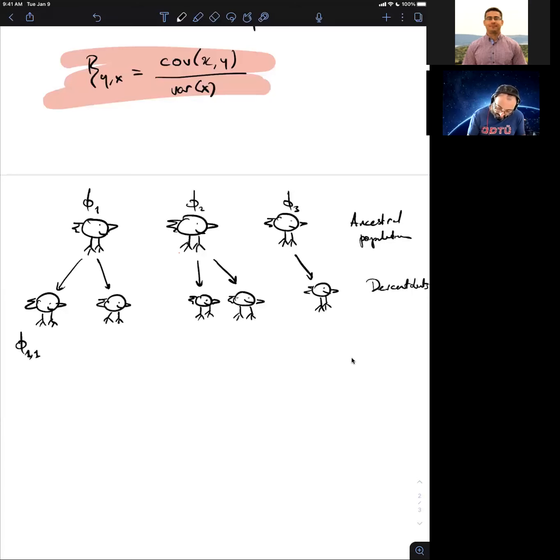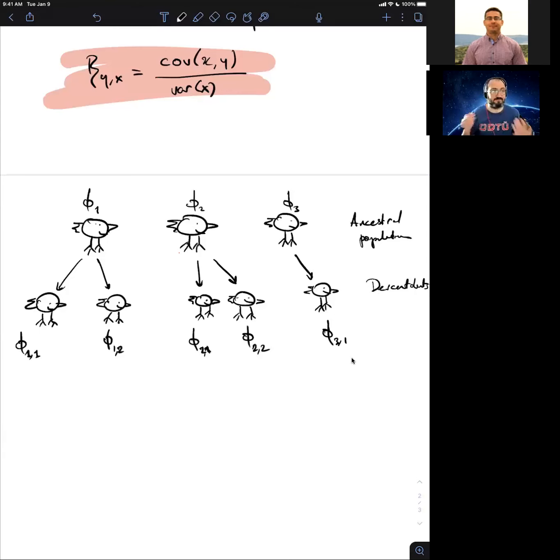So first descendant of the first ancestor, phi 1, 1. The first index will be their ancestor, and the second index will be whichever descendant they are, first descendant or second descendant. So this guy would be phi 2, 1, and this guy would be phi 2, 2. This guy would be phi 3, 1, and there's no phi 3, 2 in this case.